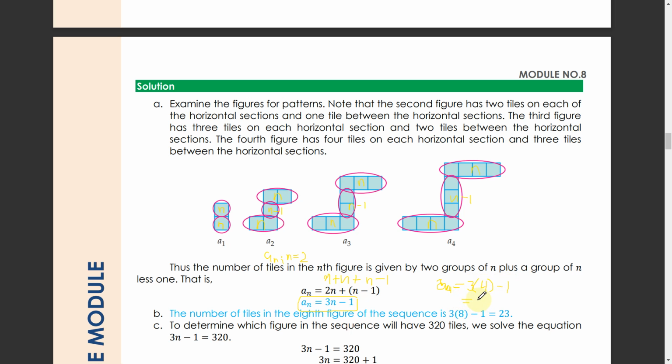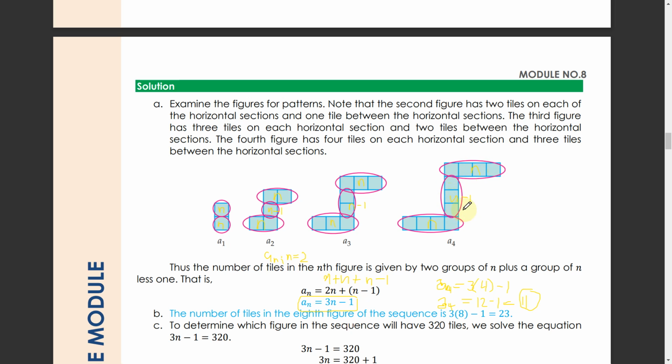So 3 times 4 is 12, minus 1, so the answer here is 11. That means there are 11 tiles in our a sub 4, the fourth term. So let's count to check if our answer is correct: 1, 2, 3, 4, 5, 6, 7, 8, 9, 10, 11. So there are 11 tiles.